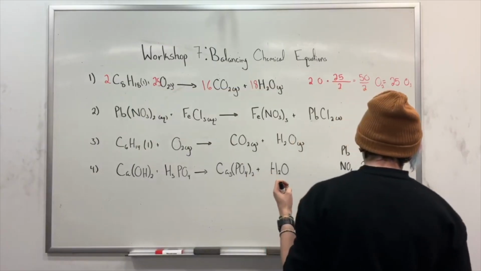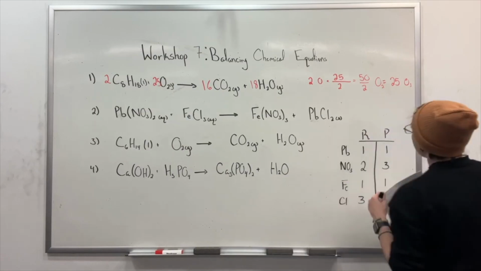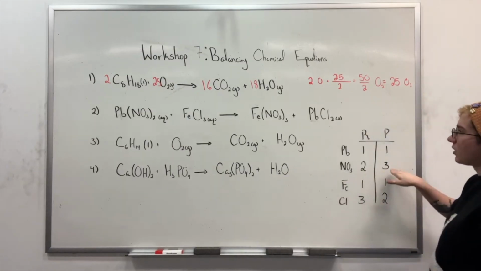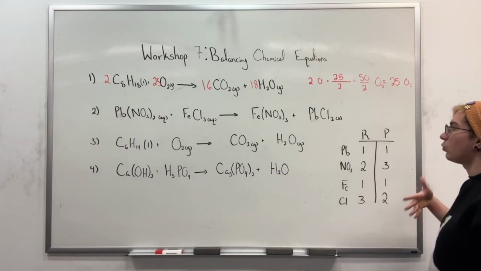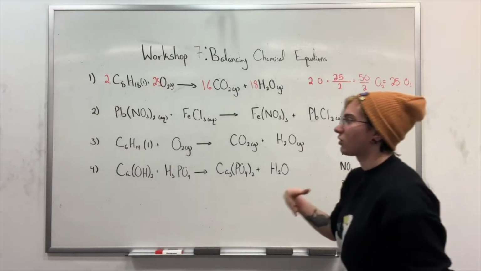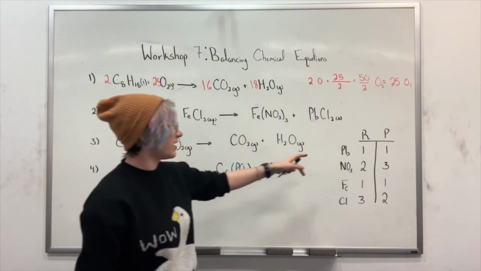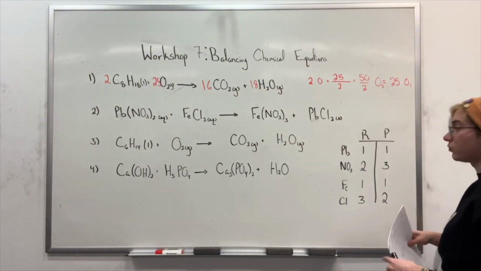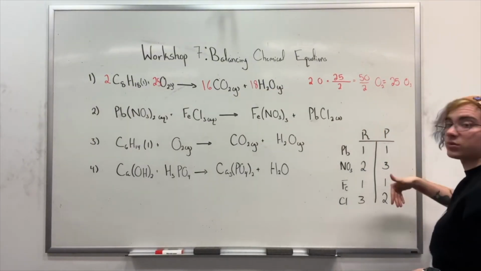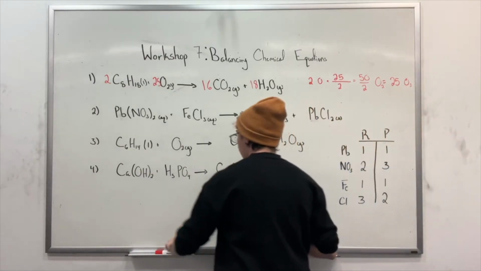And so we can start with really any of these reactants. Even though it is an even number with an odd number, try to avoid fractions as much as possible. Just try to balance it out with whole numbers first. Fractions are really a kind of last resort to make things work. So instead of trying to make fractions out of this, we're just going to do least common multiple. 2 and 3 can both be multiplied up into 6, and so that's exactly what we are going to do.